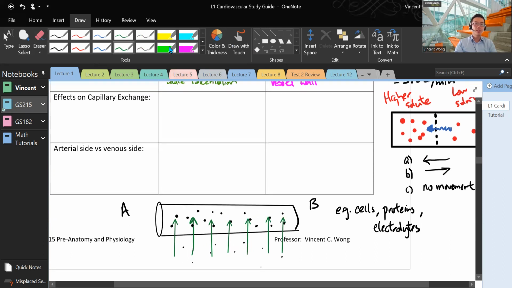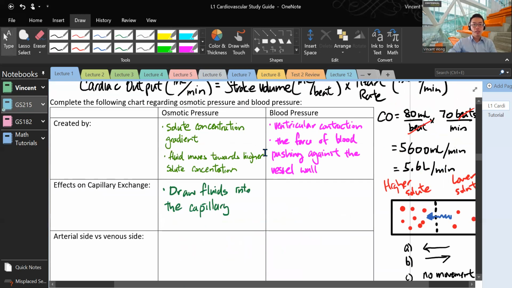So the effects would be to draw fluid into the capillary. Okay. Is that okay, Holly?